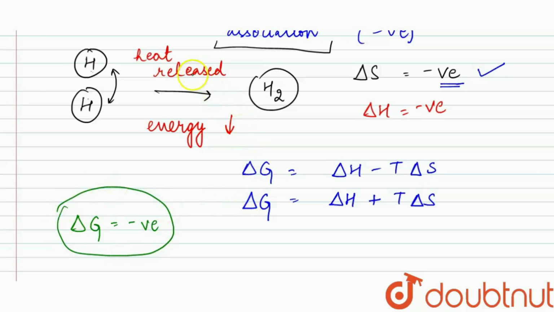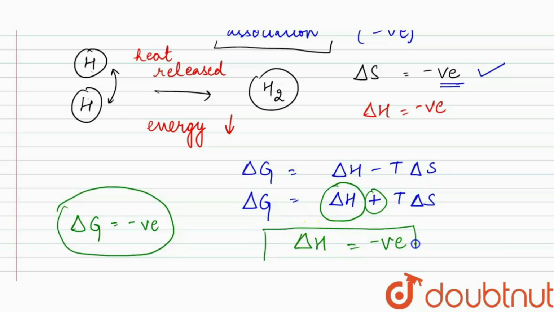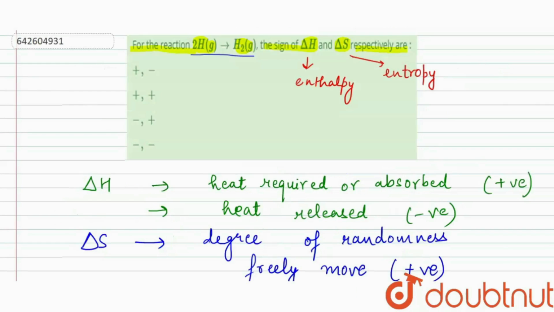So if we want the whole term to be negative, then delta H has to be negative, because delta S is already negative and here it is a plus sign. So in this case our delta H will be negative. Both the values for this case will be negative.